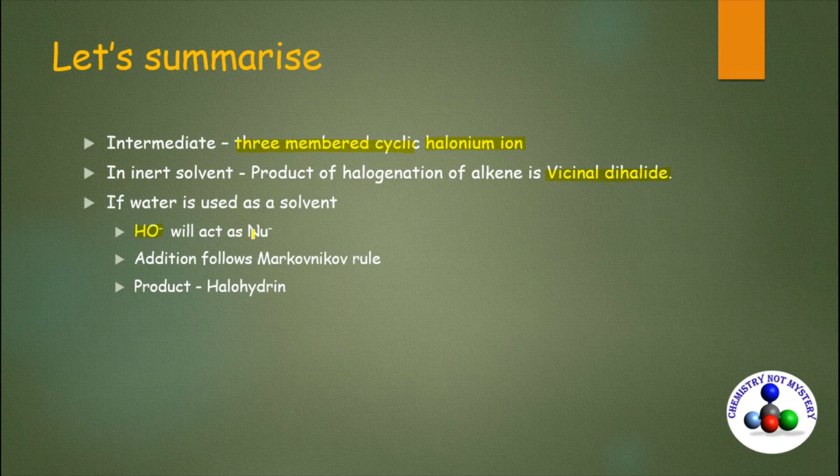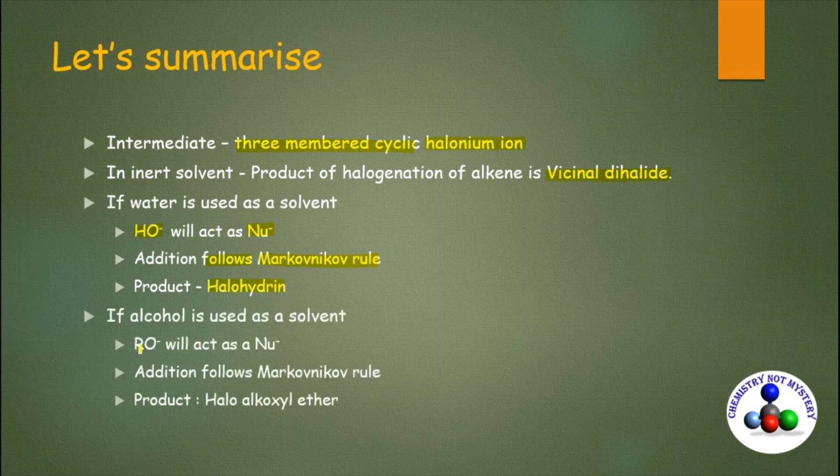If water is used as a solvent, OH minus will act as a nucleophile and addition follows Markovnikov rule, and the product will be halohydrin. If alcohol is used as a solvent, RO minus will act as a nucleophile and addition follows Markovnikov rule, and you will get haloalkoxy ether as a product.